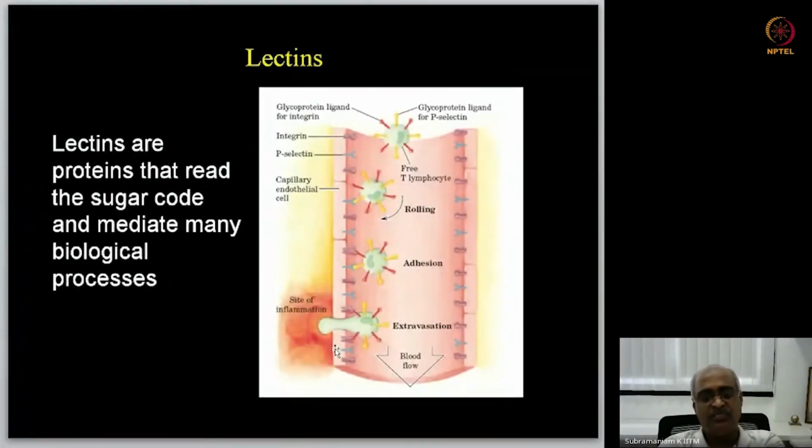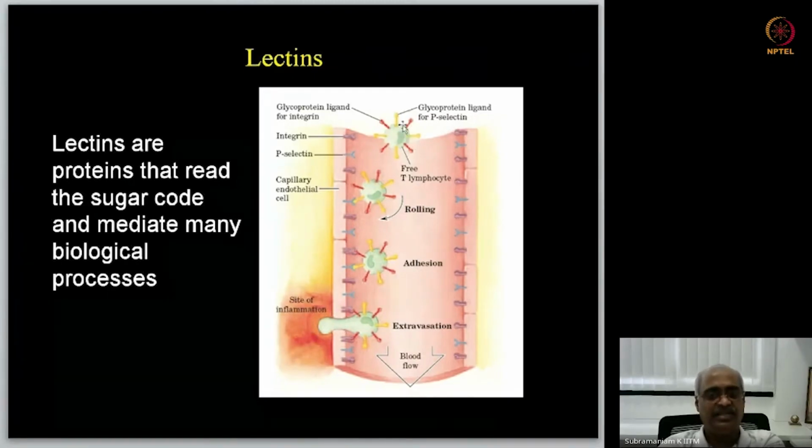At the site of inflammation, you have many more of these interactions, many more integrins and selectins binding to different cell surface glycoproteins, and they stop. And once they stop, they migrate through the endothelium, the blood vessel wall, into the tissue where you have inflammation to take care of the infection there.